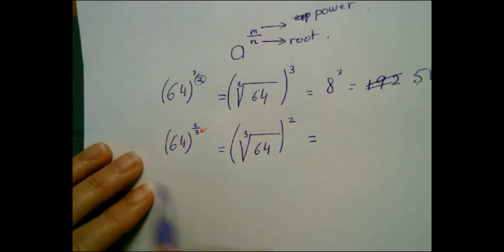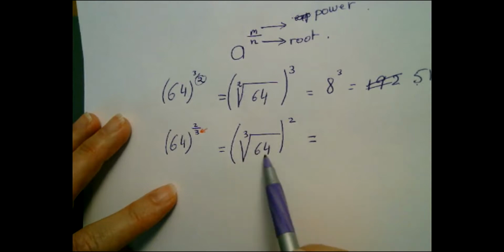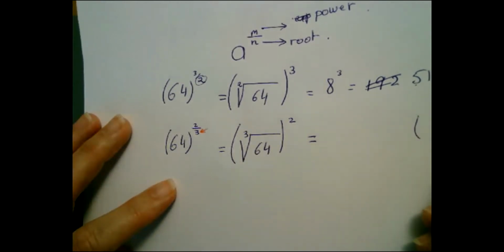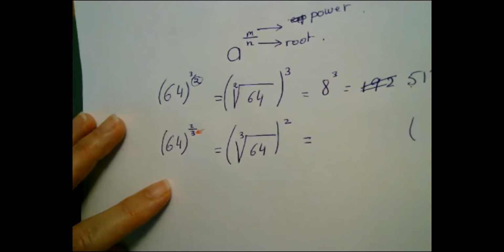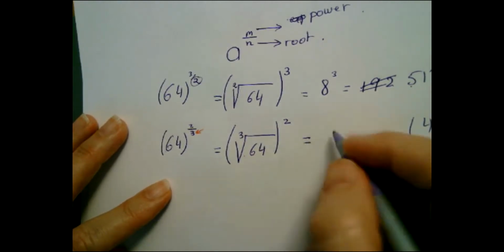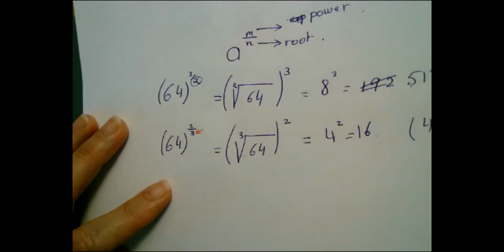We have to be very careful. Now I'm having 16. Let me check. Cubic root of 64. Which number, when you raise it to the power 3, is 64? That's 4. So the cubic root of 64 is 4, and 4 squared gives me 16.